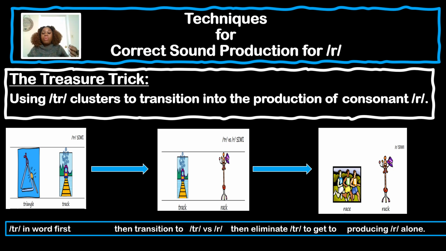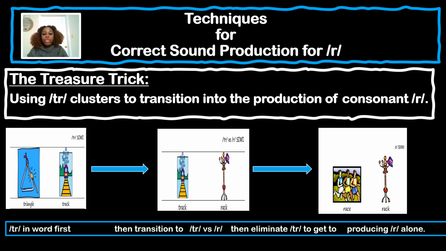So you go from saying TR words only to saying track, rack. The only difference between those two is that we don't have that T sound at the beginning, because you're getting to the point that you want to fade the CH part of the TR. You want to fade it out so we can start to focus on the R sound.